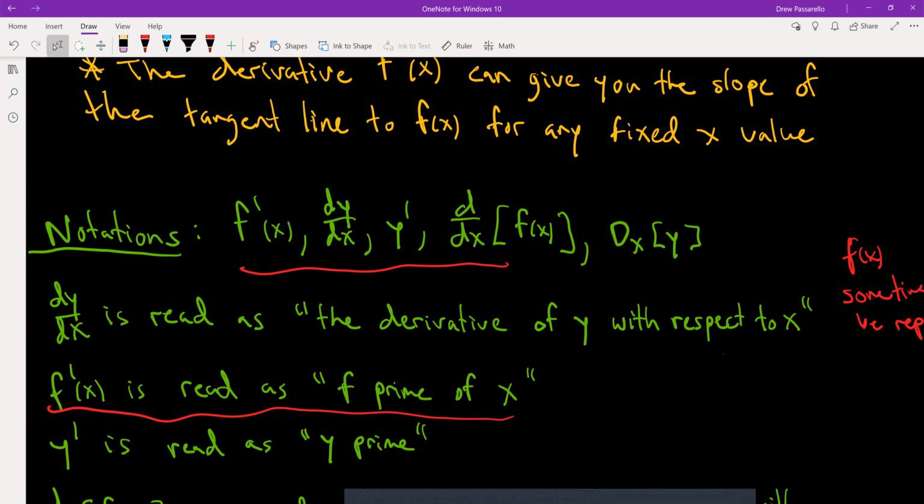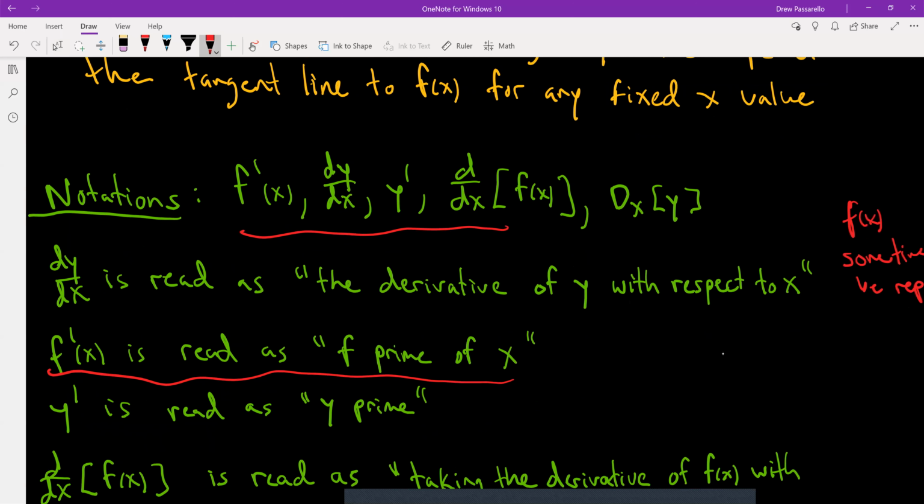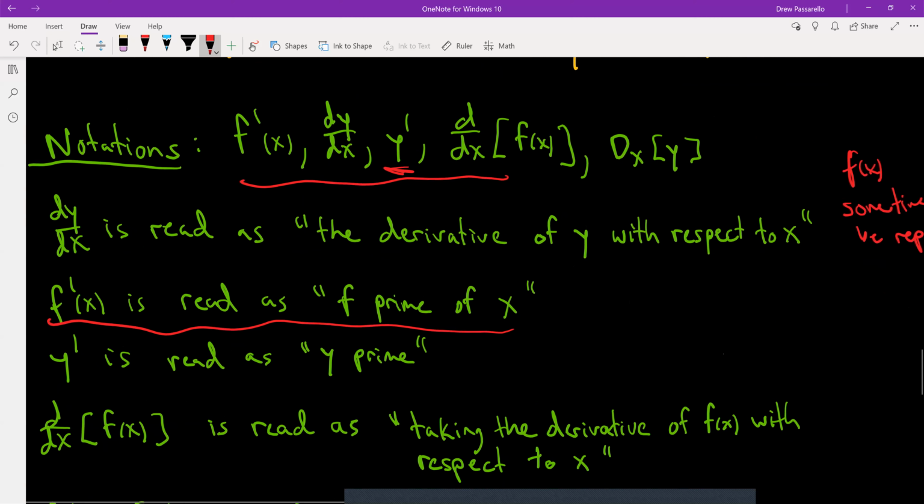It's a weird notation, it does not mean division. It just means you're taking the derivative of some function y with respect to x. The other one I'll be using a lot is the third one, y prime. That's just the derivative of y. And again, y is the same thing as f of x.